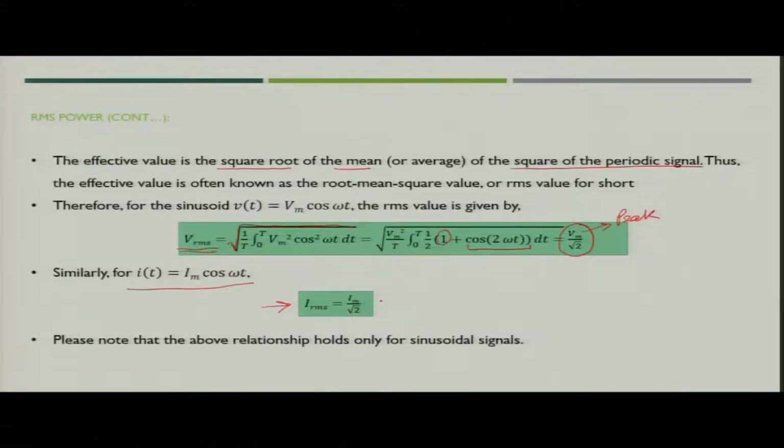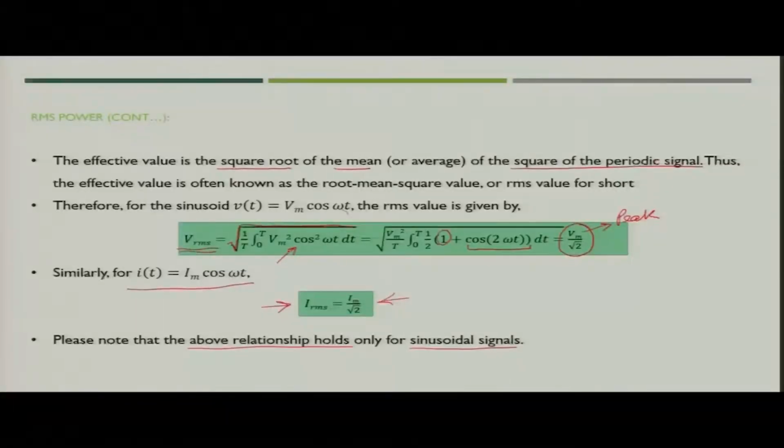Now, you have to note the important point here, that this value is applicable only for sinusoidal signals. If you do not have a sinusoidal signal, you have to compute from the integral and calculate the complete RMS value with the help of the original function which we just used for the derivation of the RMS value.